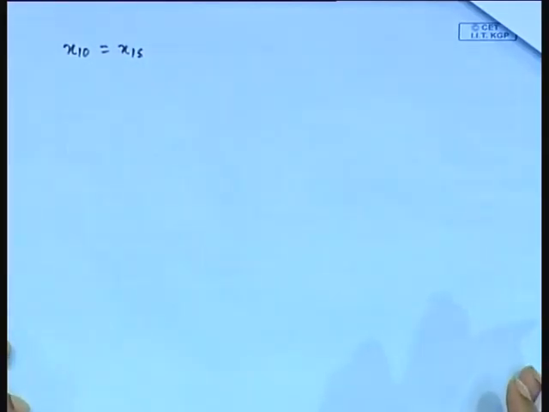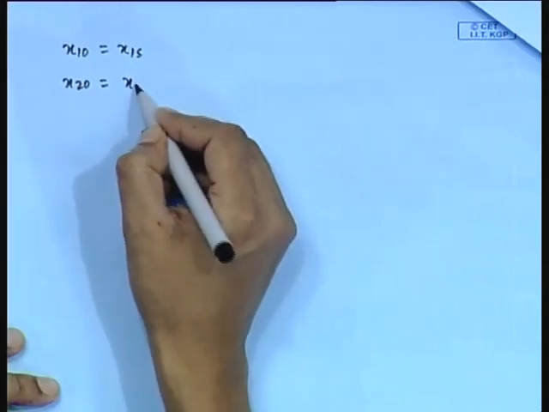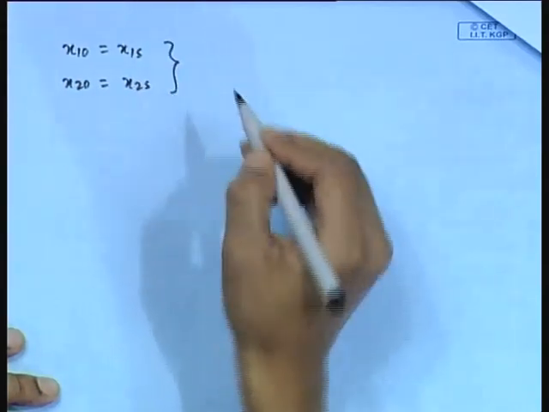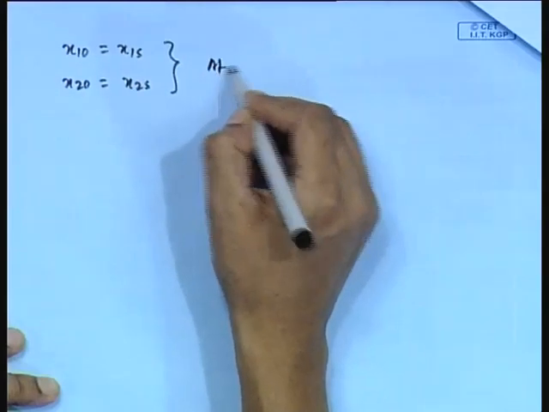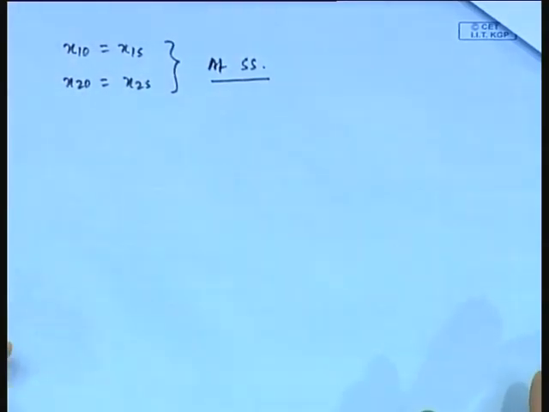Basically, we are replacing the suffix 0 by s. Similarly, we will write x2 naught equals x2 s at steady state. At steady state, we will consider x1 s and x2 s.